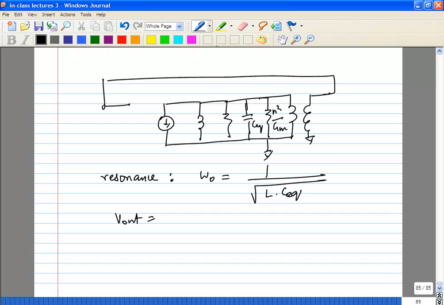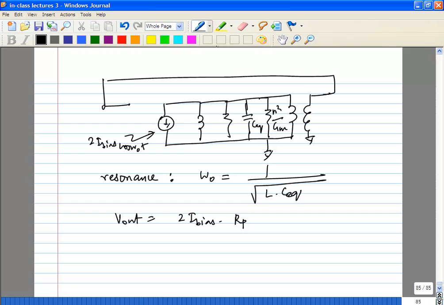What is V out? Remember that the large signal GM is 2 I bias over V naught, right?